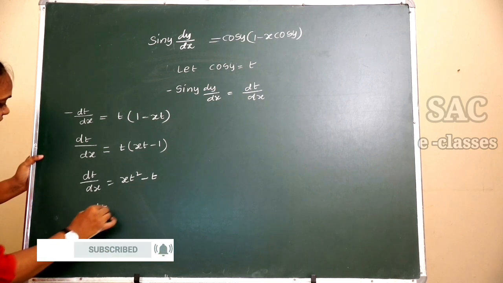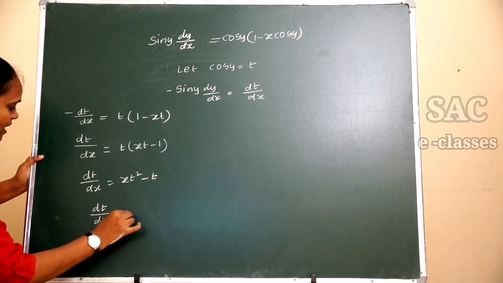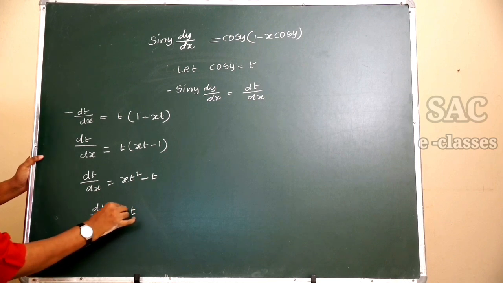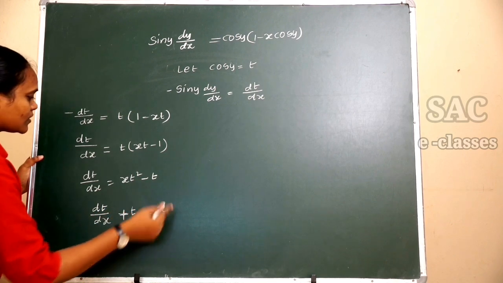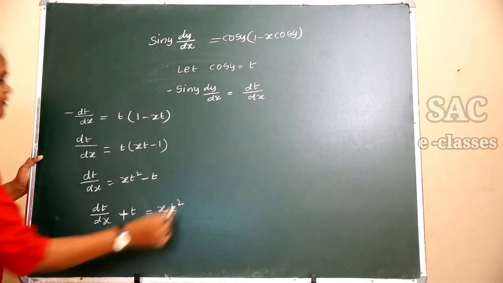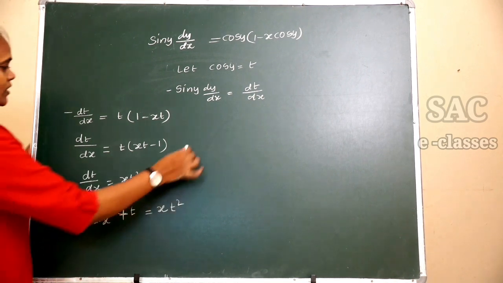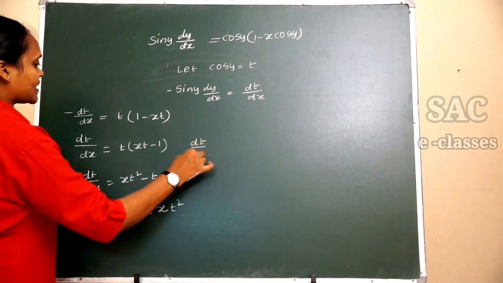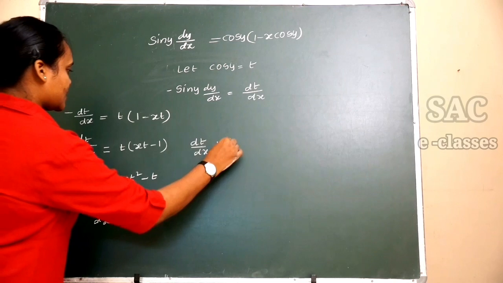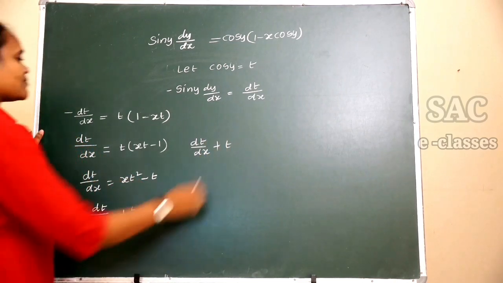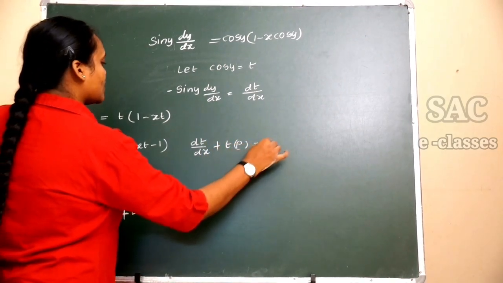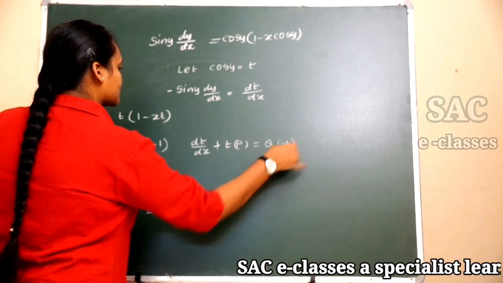Now dt by dx minus t will become plus t, which is equal to x t square. But if you observe clearly, the linear form should be dt by dx plus t into p is equal to q of x.